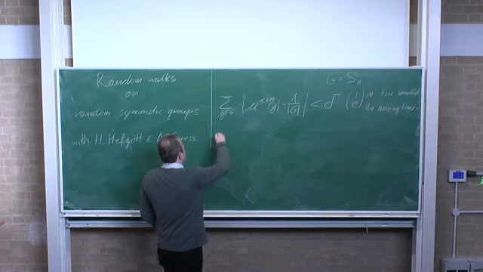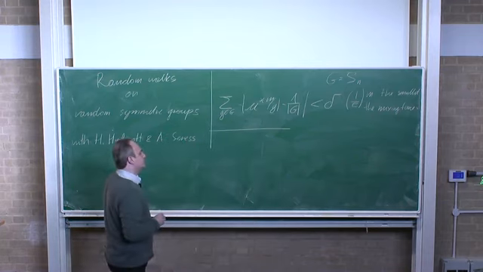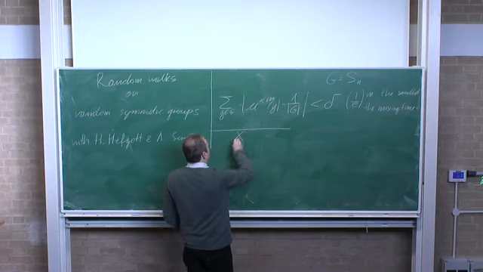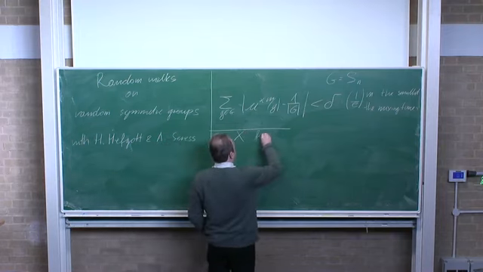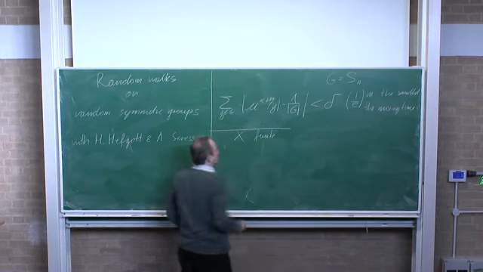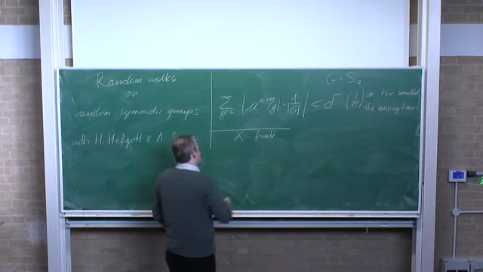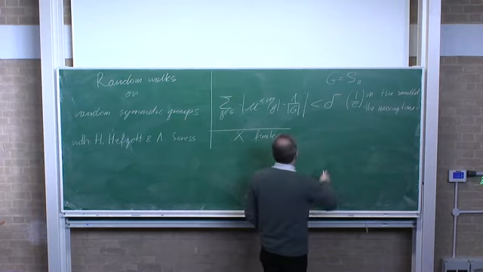Okay, so let me remind you the definition of expanders. So for a graph X, which for us is finite, but what really matters for the definition is that it's locally finite, we'll define its isoperimetric constant as follows.